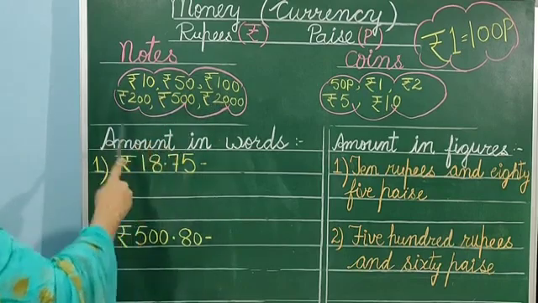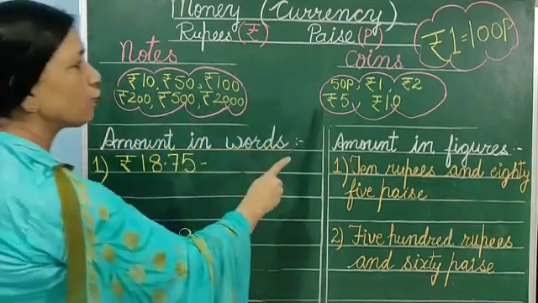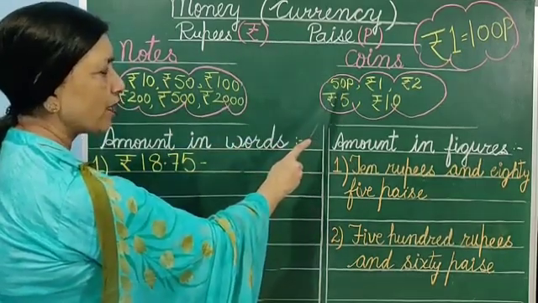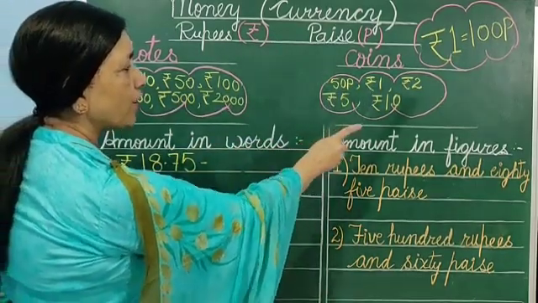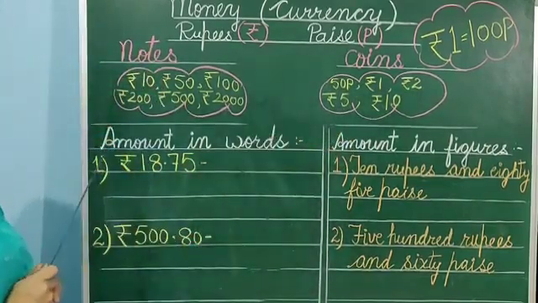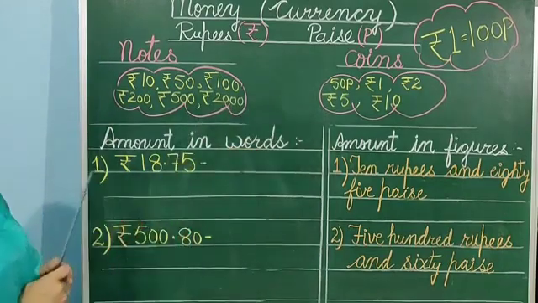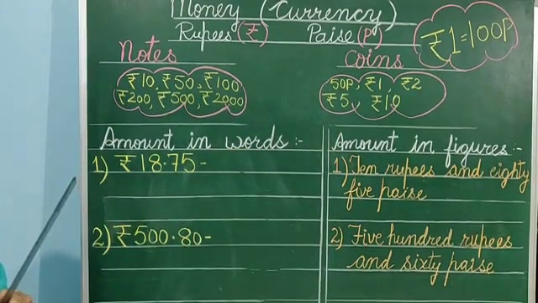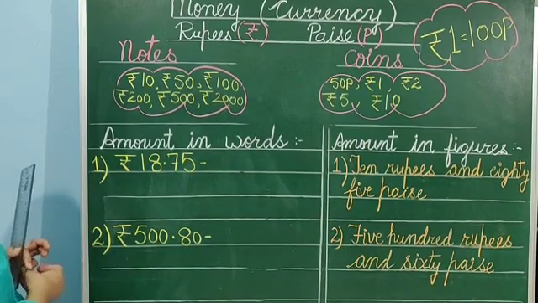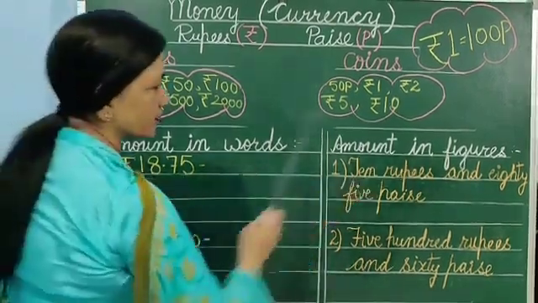And which coins are being used? 50 paise coin, rupee 1 coin, rupees 2 coin, rupees 5 coin and rupees 10 coin. You must have seen these coins and notes.